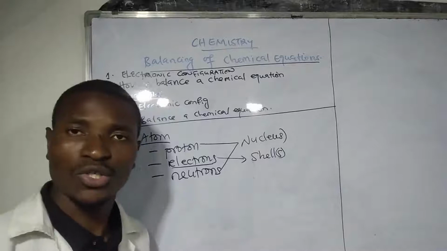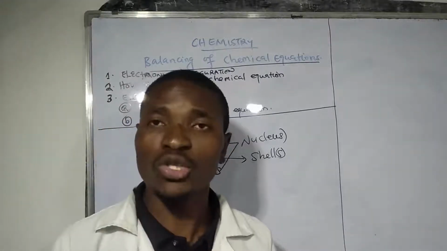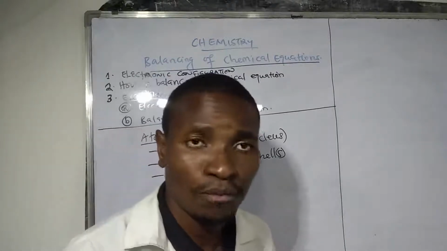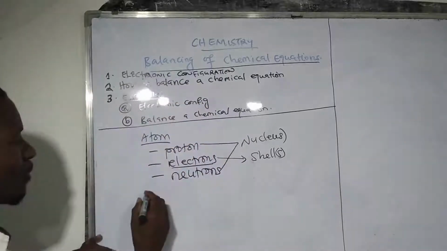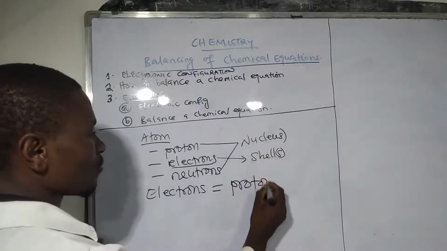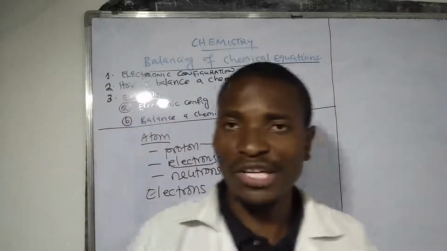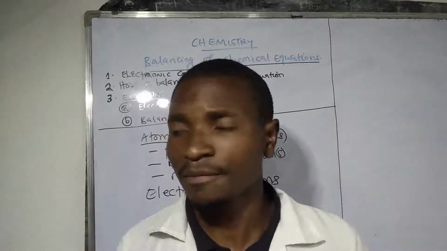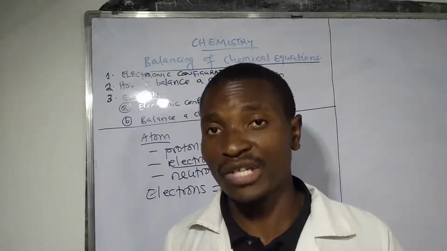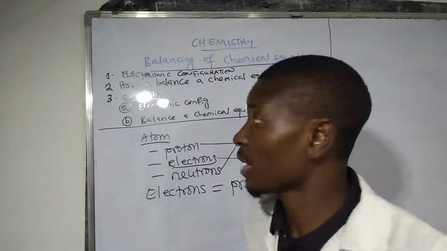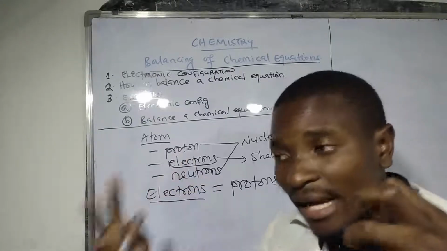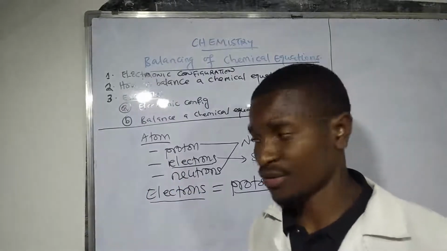But of course, I also want you to understand that an atom which is not involved in a chemical reaction is defined to be electrically neutral, meaning that the number of electrons equals the number of protons. That is for an atom that has not taken part in a chemical reaction. So when you talk about electronic configuration, we are dealing with electrons, and indirectly we are also dealing with protons.